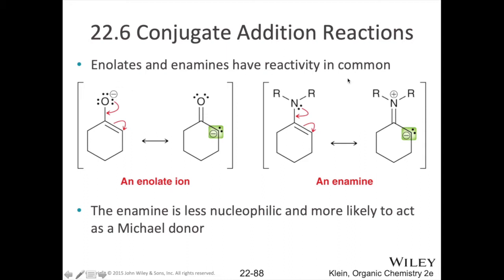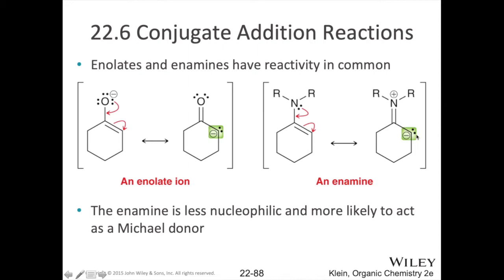Instead of the oxygen housing that negative charge, we instead have a nitrogen, but we notice that it doesn't behave exactly the same way, right? The nitrogen isn't as electronegative as the oxygen, so we don't actually have the nitrogen housing the negative charge as our enolate does, but it does help delocalize the electrons by contributing that lone pair over here and pushing electrons to that alpha carbon, and there is your slightly nucleophilic alpha carbon with that lone pair making a carbanion.